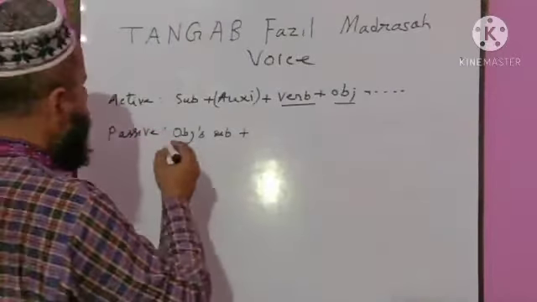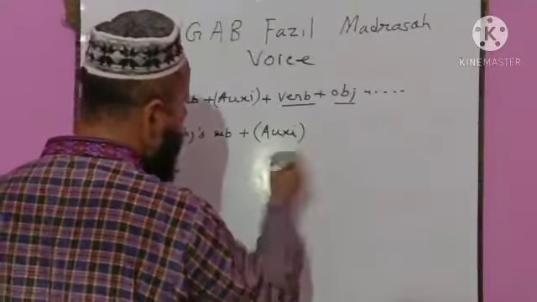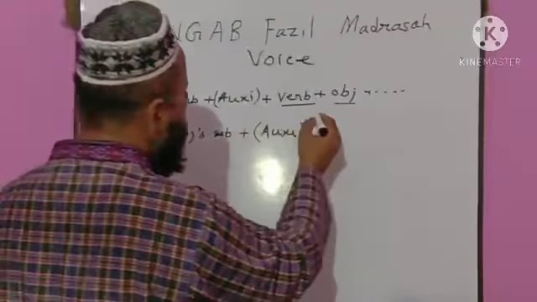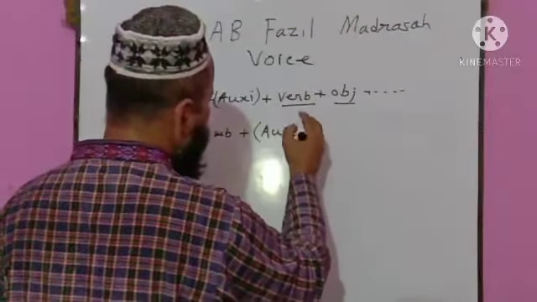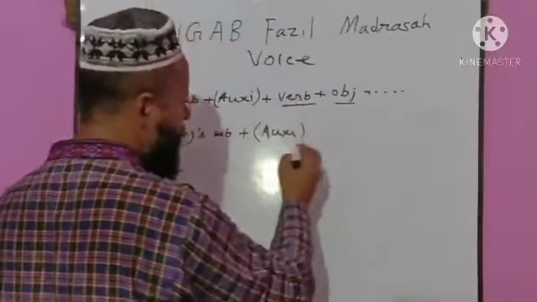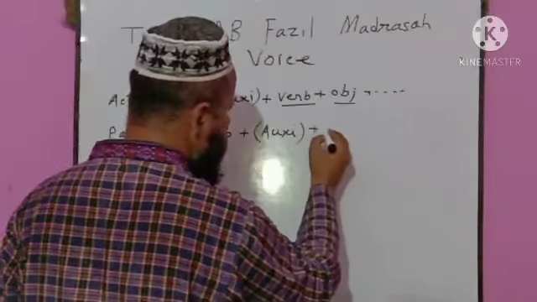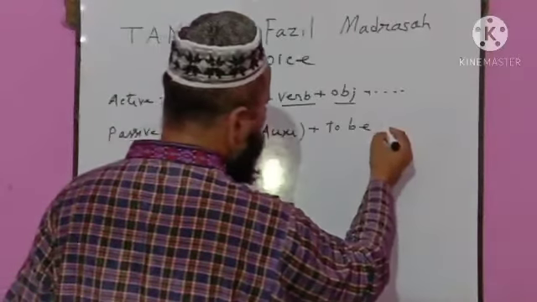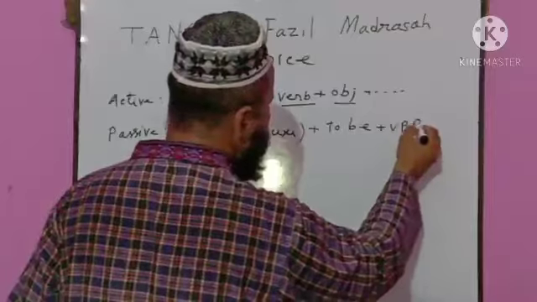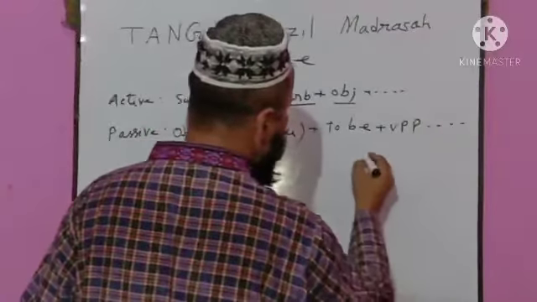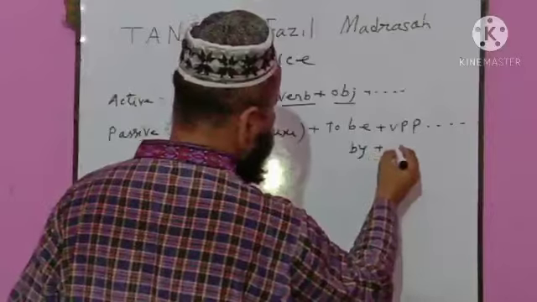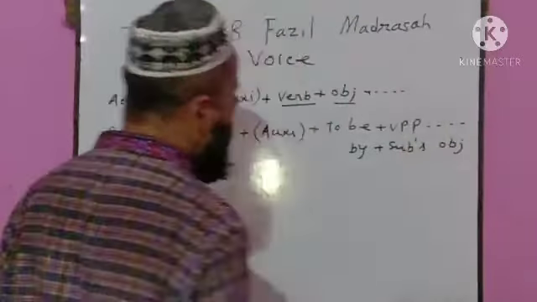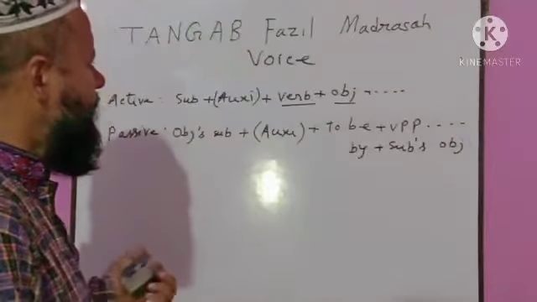If there is an auxiliary in the sentence, you must write the auxiliary verb. Then to be and verb past participle. According to the main verb, you must use a to be and the past participle of the main verb. At last, by plus subject as object. Subject will be object after the preposition by.